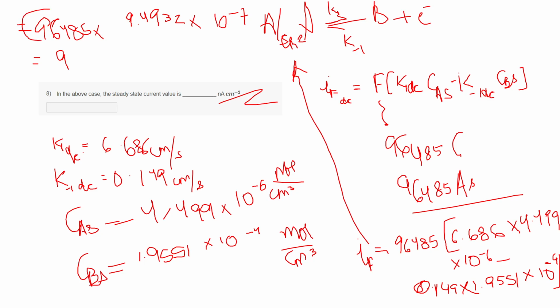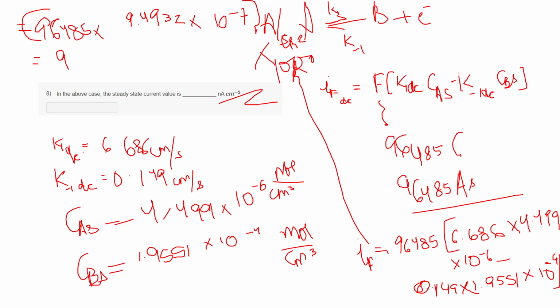So if you see, there is a mistake in the answer provided in the assignment. So it's corrected. So I will rather present this in milliamps per centimeter square instead of nanoamps per centimeter square. So for that, I'll be multiplying by 10 to the power 3.